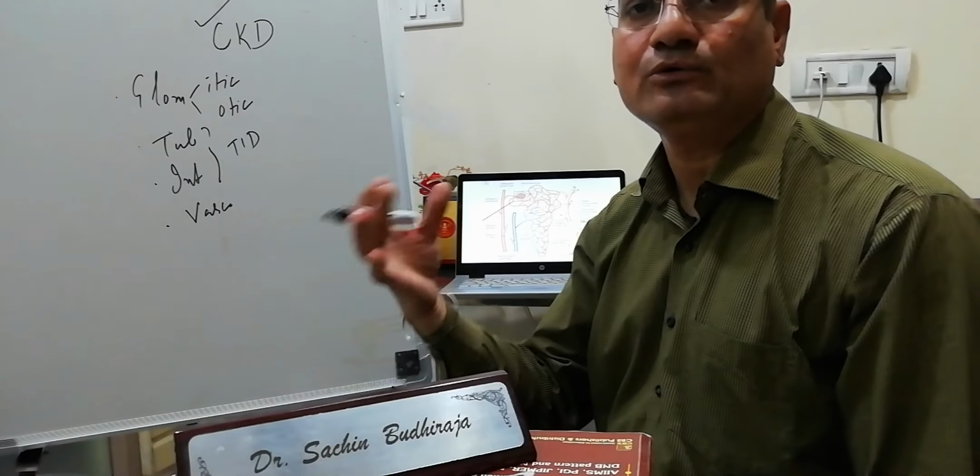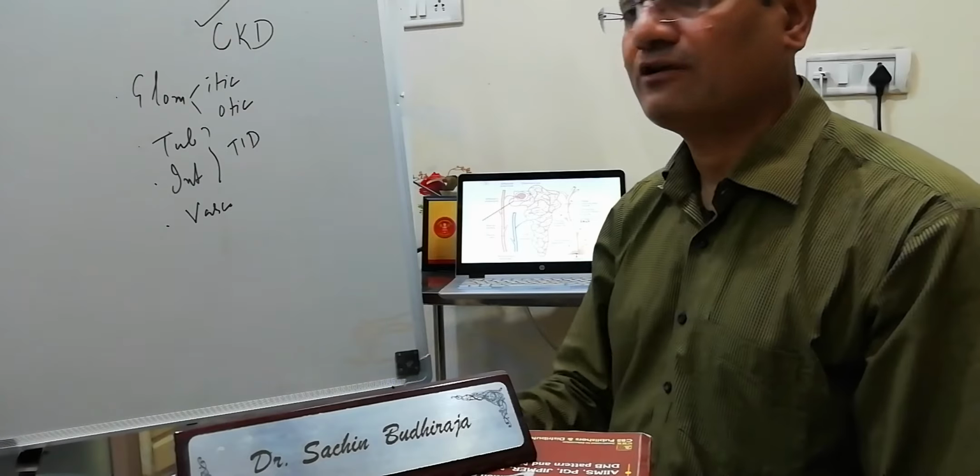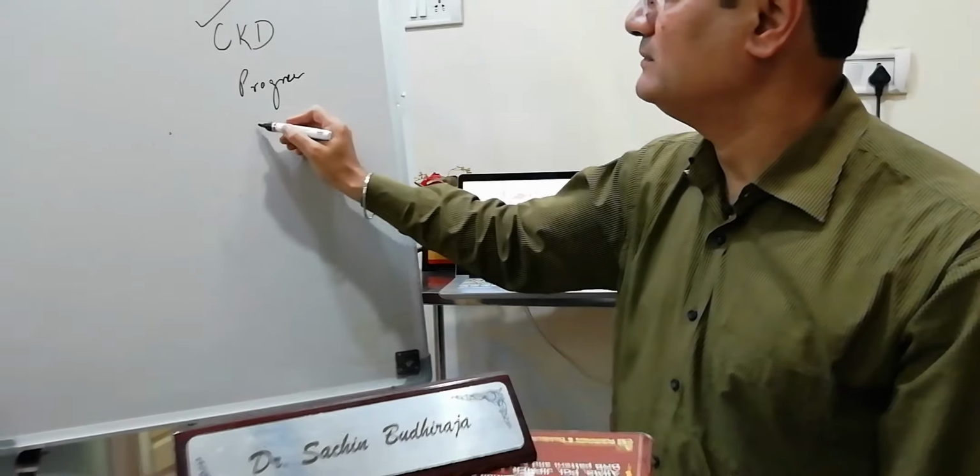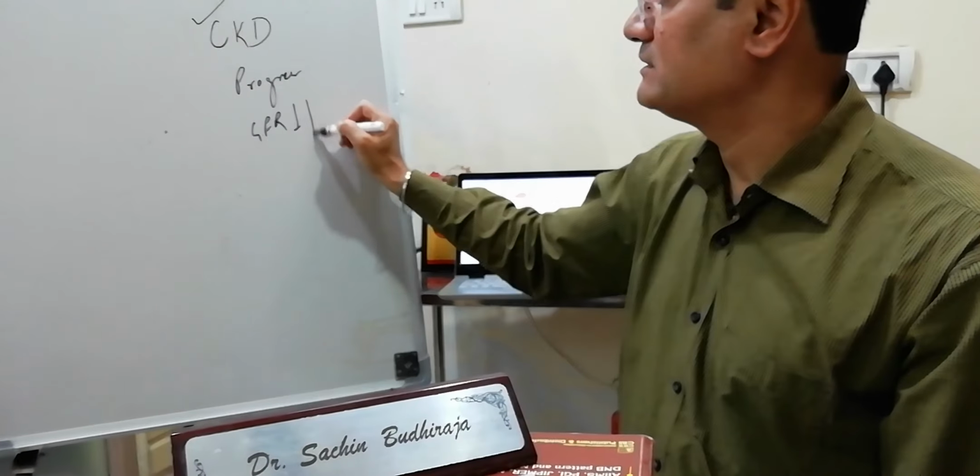Like I was mentioning, acute means a few days. Chronic means generally months to years. So by definition, if a patient has an ongoing renal insult for more than 3 months, we describe it as chronic kidney disease. Now, chronic kidney disease is typically a progressive condition, right? With time the GFR keeps going down.